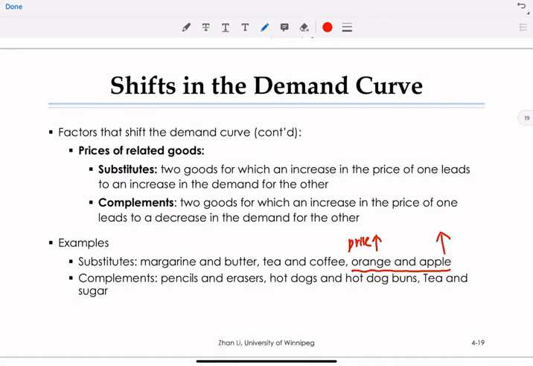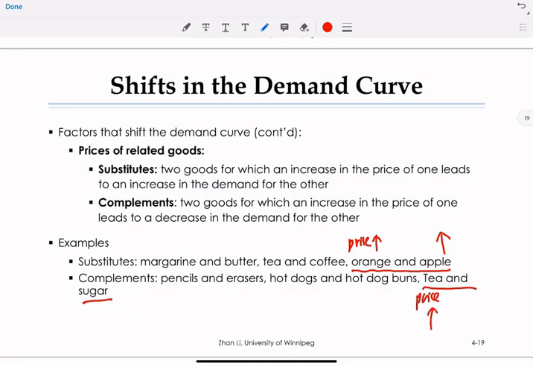Now, let's look at complements. Let's say, okay, I will use tea and sugar. Now, let's say tea becomes more expensive, right? So the price of tea increases.